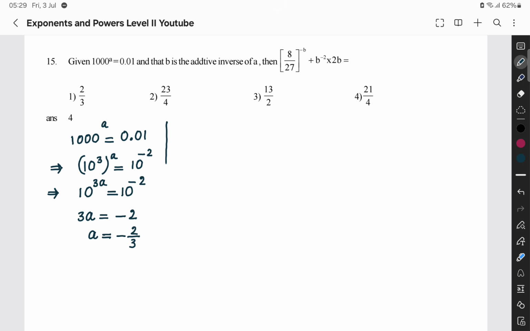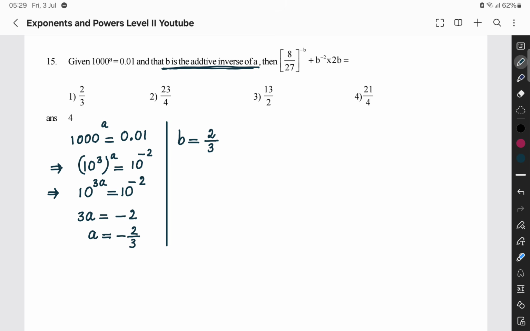Now they have given b is the additive inverse of a. So b can be written as 2 by 3. As b is the additive inverse of a, and a value is minus 2 by 3, b can be written as 2 by 3.